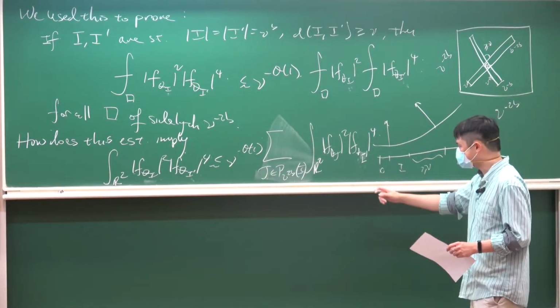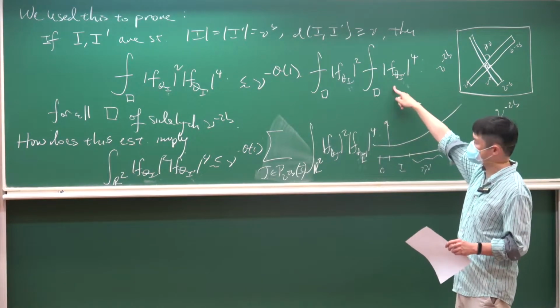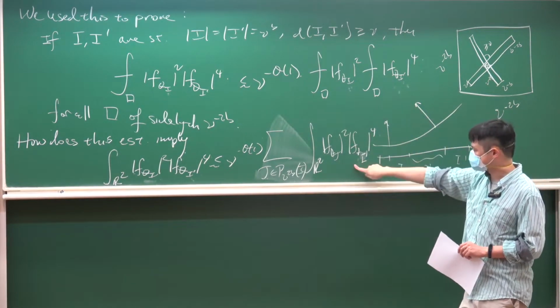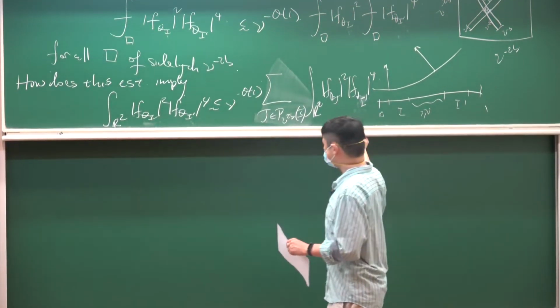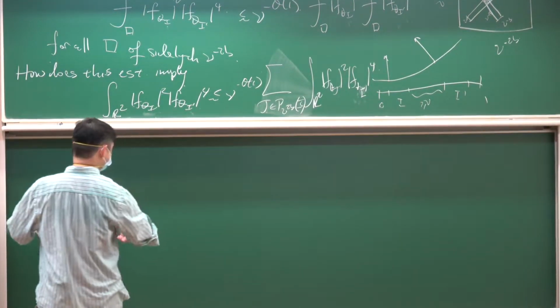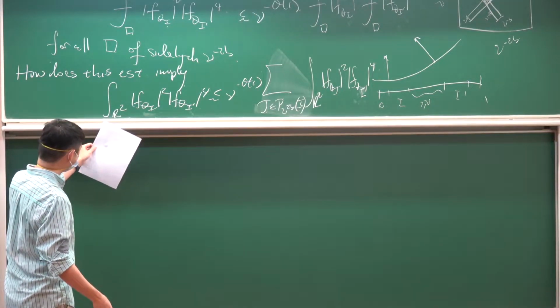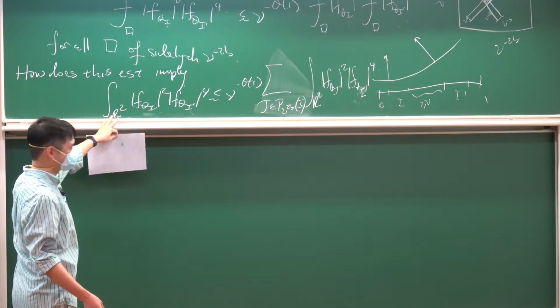So let's try to prove this. We now have this estimate, and let's try to prove it. Let's call this 1, and let's call this 2. To prove 2, I don't have to prove it for all of R2.